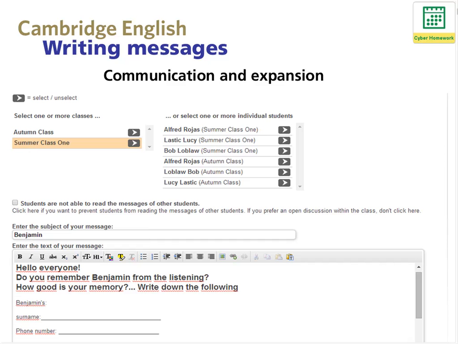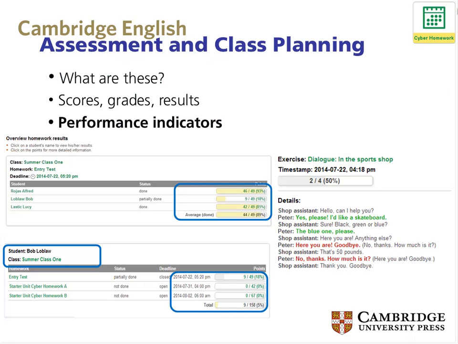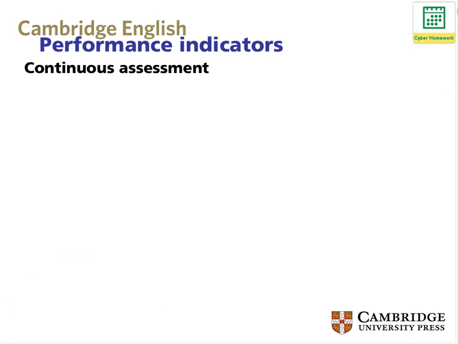Now, you may say these are scores, these are grades and results. I would say that these are performance indicators. Why are they performance indicators? Because they are going to tell us about the situation of your classes, about the situation of your students, and that, as I mentioned earlier in the session, is going to help you to create a cycle of continuous assessment.